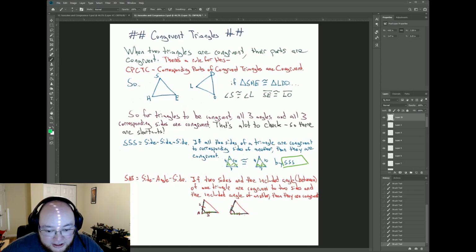And that's why I wrote S. And then I said, oh look, there's an angle right here that's between them. That's an A. Those two angles are the same. And this is another side that's the same. And that's a side. So now we know that these are congruent by side angle side because there's a side, corresponding sides, corresponding angle, corresponding sides that are congruent.